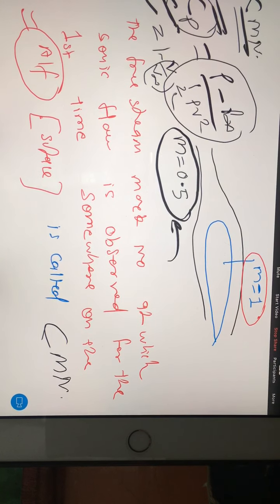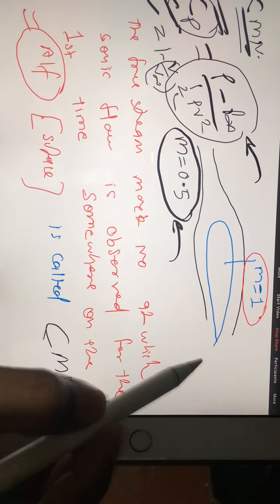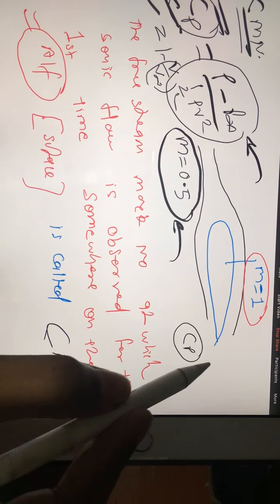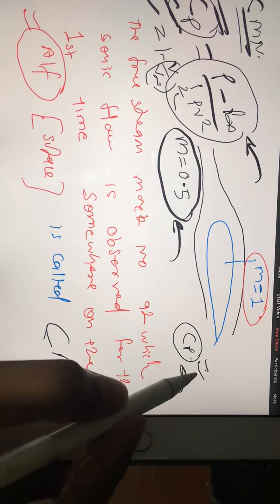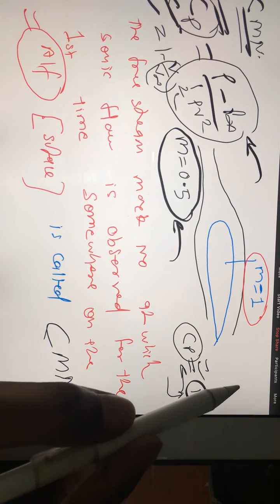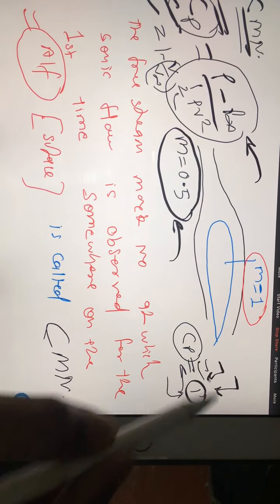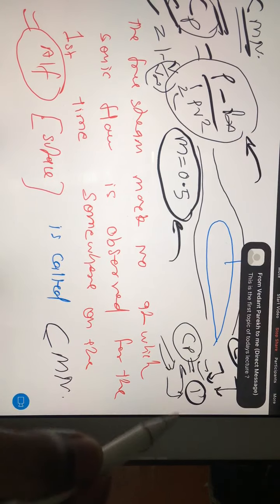Now see guys, if you take care of this Cp, what is your Cp? Coefficient of pressure. You know that at the stagnation point, the coefficient of pressure will be 1. But how will you judge this? Already we have discussed in previous classes, but just one more time I am giving you this.